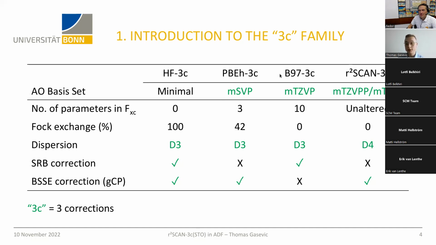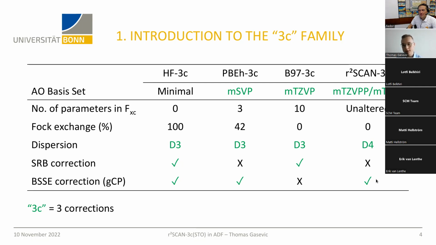Afterwards came B97-3c, which is a meta-GGA, which applies a bigger basis set, the mTZVP basis set, the D3 dispersion correction, as well as a short range bond correction. And then finally, r2SCAN-3c was developed, which applies an even bigger basis set termed mTZVPP, so it's doubly polarized. The density functional itself is unaltered, and it applies the D4 dispersion correction now, which is the successor of D3, and also the GCP BSSE correction.